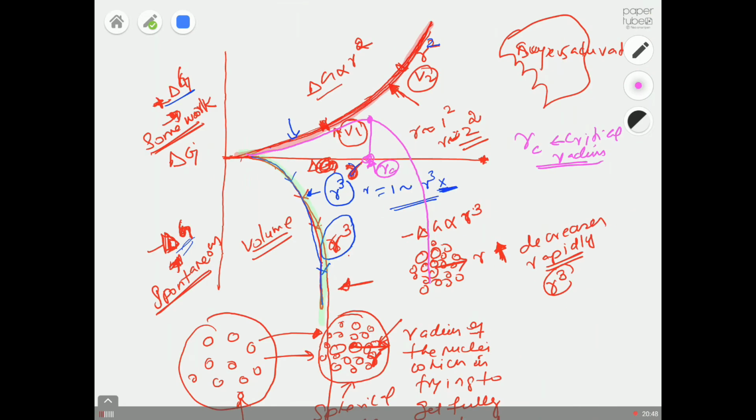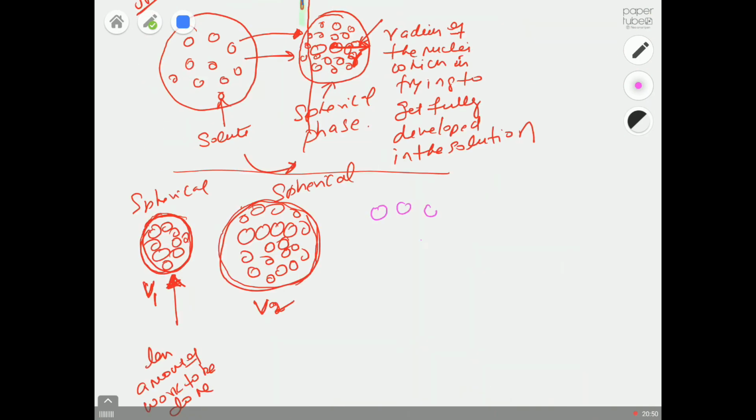Before, I mentioned that if you have some molecules in the supersaturated solution, they can come together, and then they can grow and grow, or they can disintegrate back. So both of these events can happen. In fact, we don't need both to create a stable nuclei, but we need something in between.